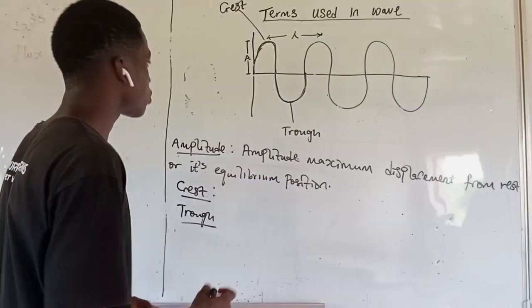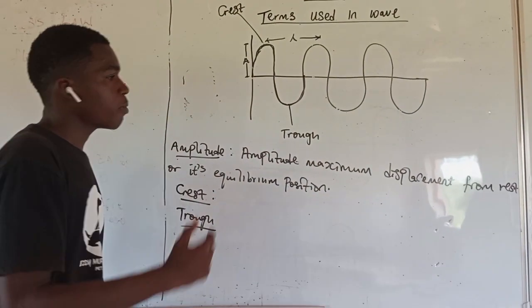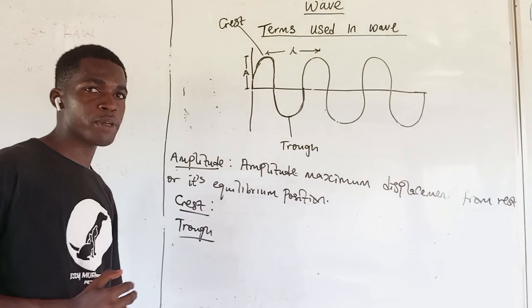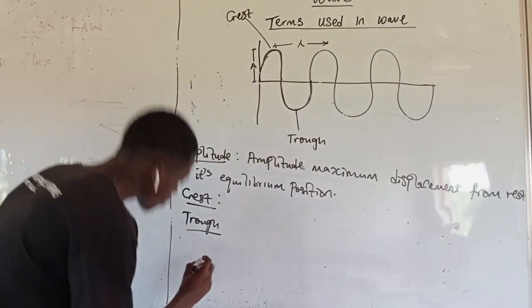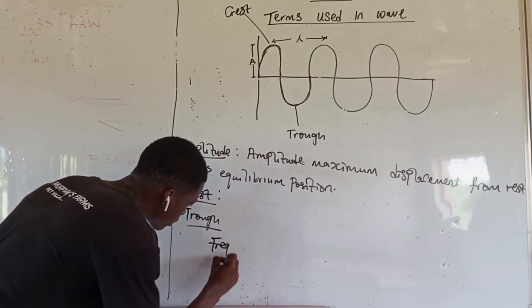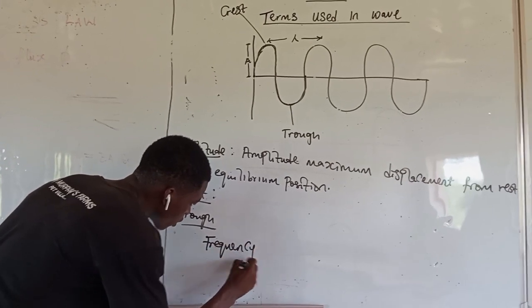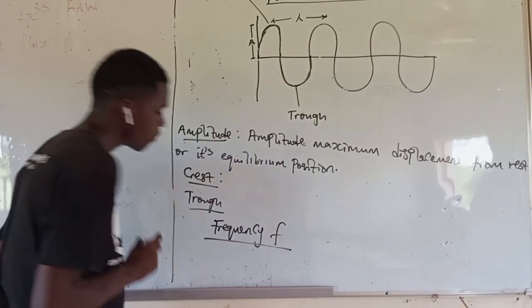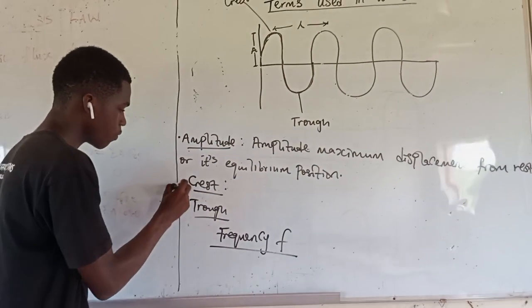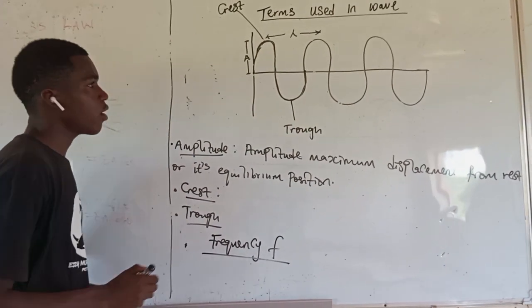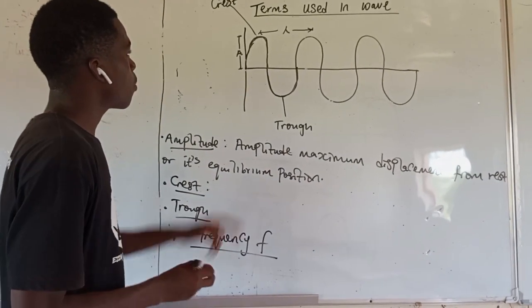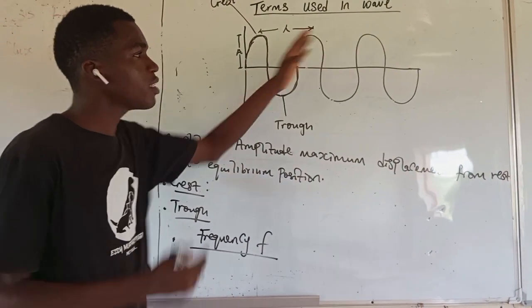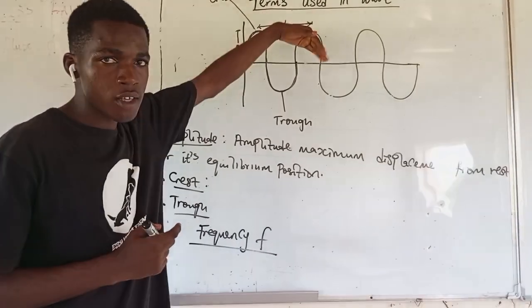Now, after crest and trough, we begin to talk about frequency and period. What is frequency? This thing is very important, and it is measured in hertz. Now, listen, as this pattern occurs, it means that the wave is oscillating.